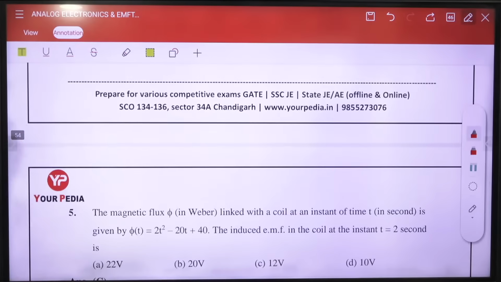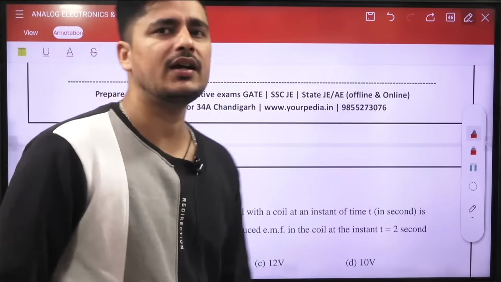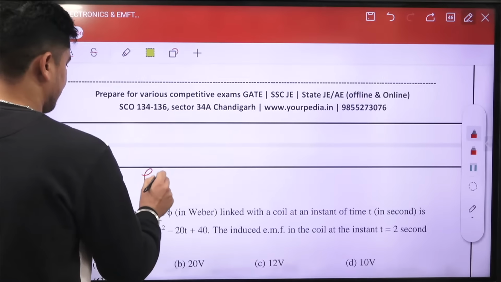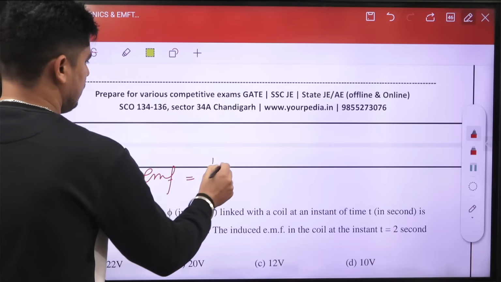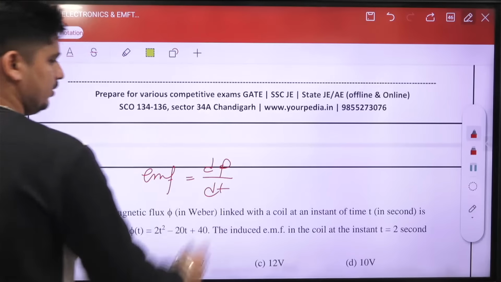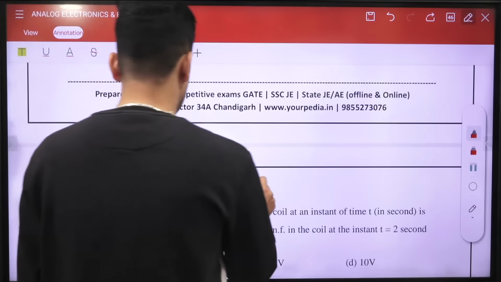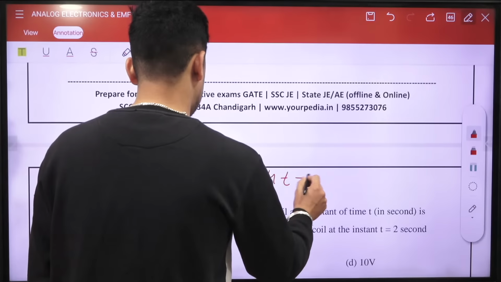Yes. The magnetic flux phi linked with a coil at an instant t is given by this one. Then he is asking about the induced EMF in the coil at instant t equals 2. So you can directly apply Faraday's law. The EMF is how much? Minus d phi by dt, and you can take the derivative here. That is going to be 4t minus 20.